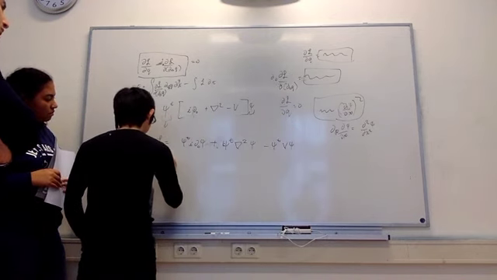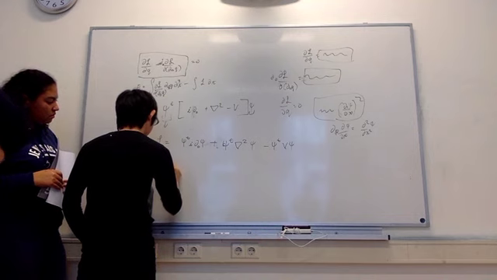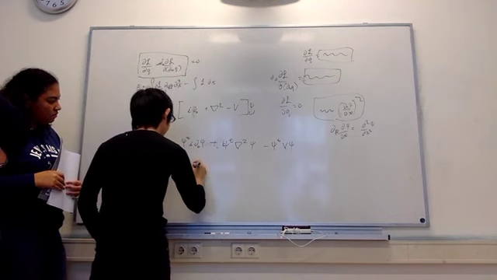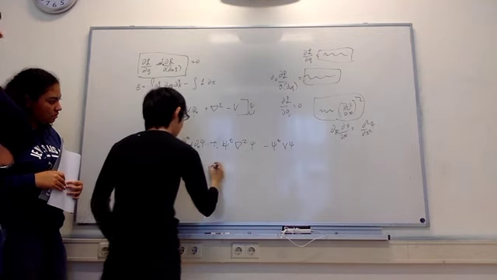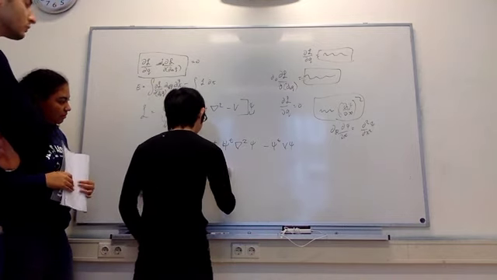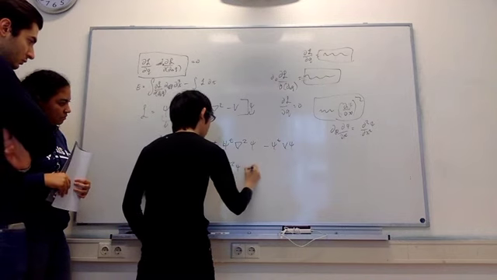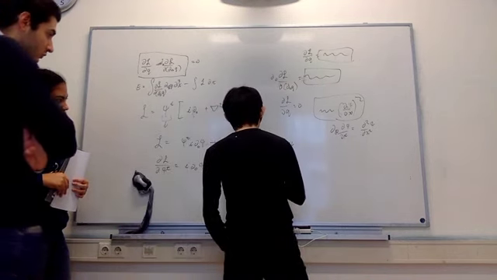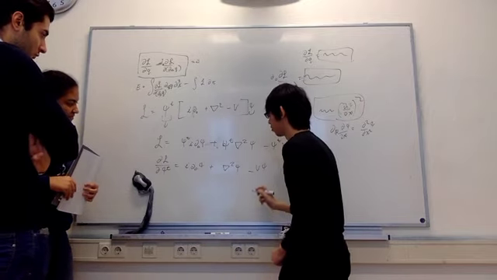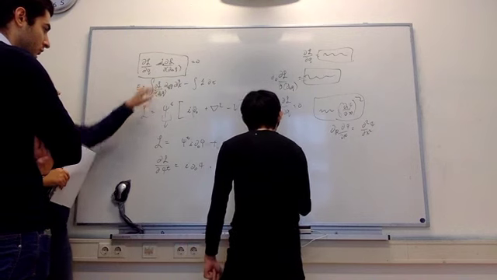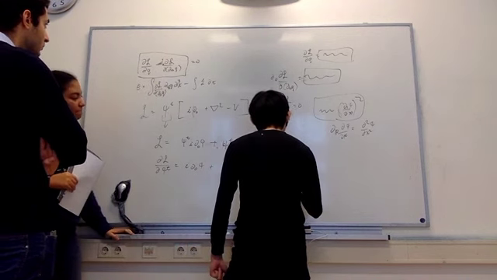So the first derivative is to psi t. This one will give you i V0 psi. This one will give you this. Equals 0. Well, actually, it equals this.